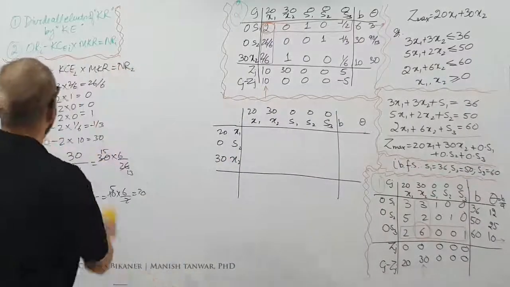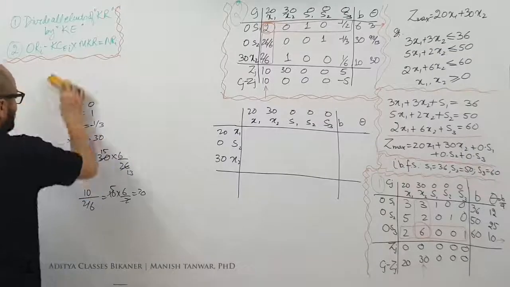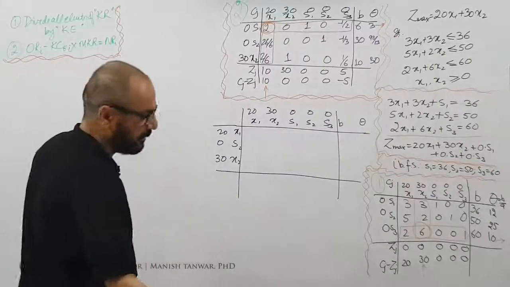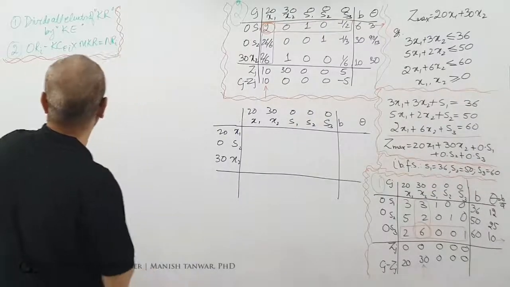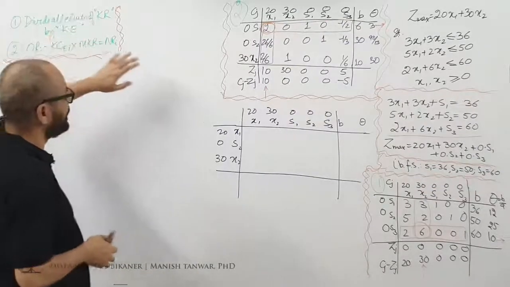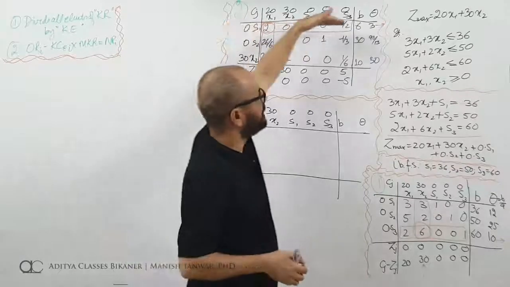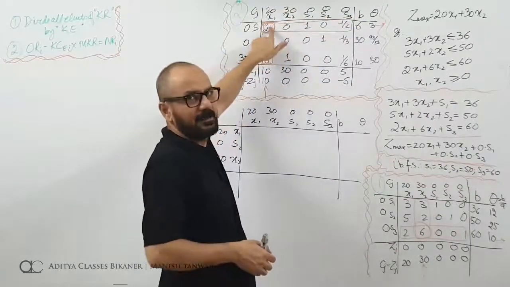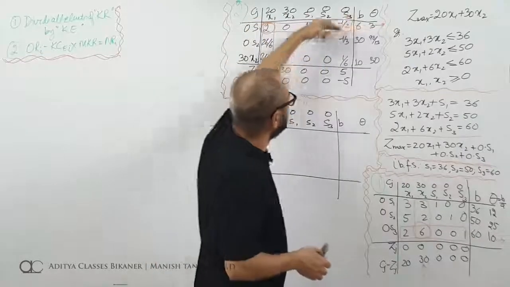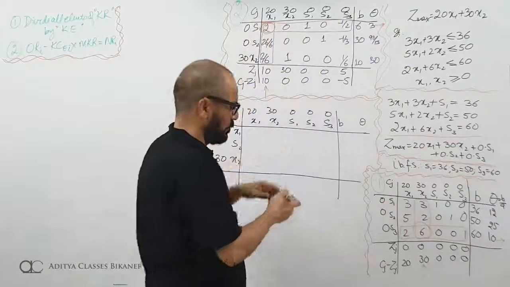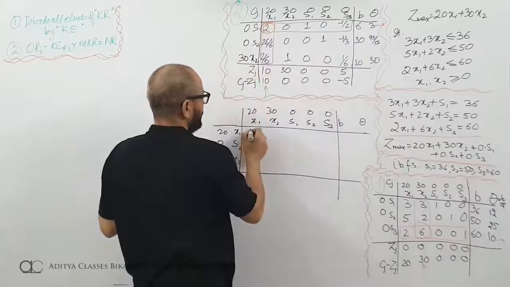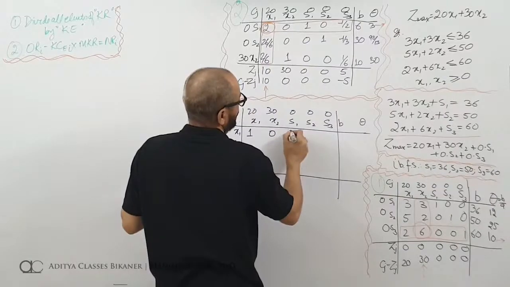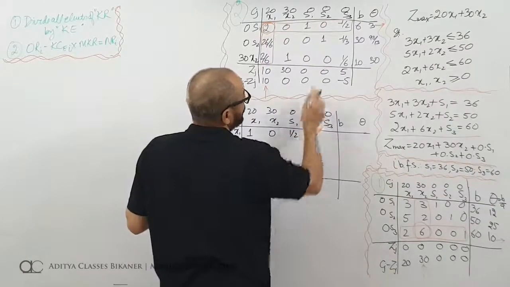Now can we find out the remaining rows using this formula? What is the formula? The first formula is to divide all elements of the key row by the key element. This is my key row. Divide all these row elements by the key element, 2. So 2 divided by 2 would be a 1. 0 divided by 2 would be a 0. 1 by 2. 0.